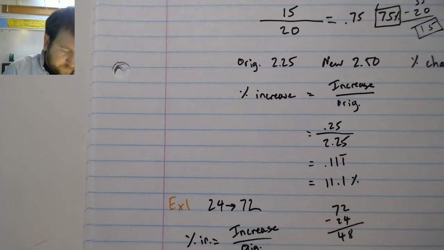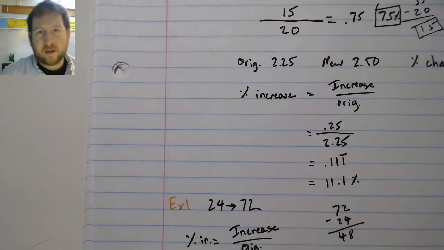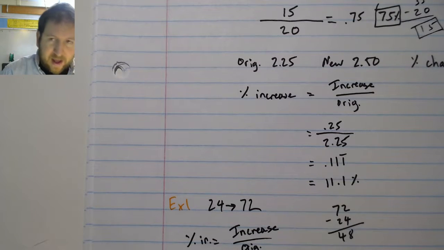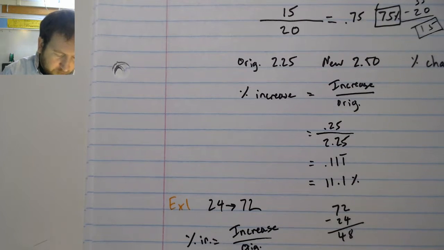We've got 48, so I've got an increase of 48 over the original being 24. Well, this looks like it's going to be 2, right? 24 times 2 is 48. And if I turn 2 into a percentage, I have to move the decimal point 2 places over. So 2 gives me 200%.